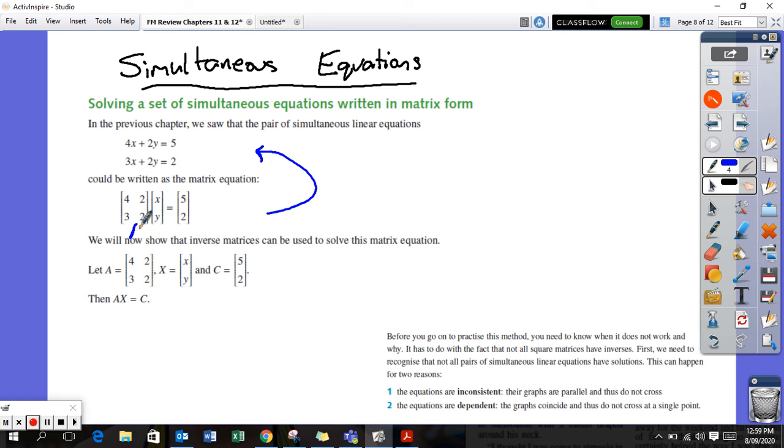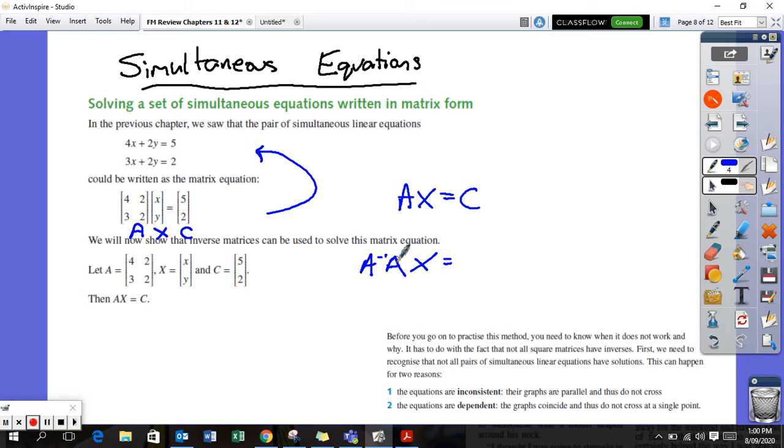So we're going to call this matrix A, this matrix X, and this matrix C. So we've got AX equals C. We want to find the X matrix on its own, so we need to get rid of the A. We go A to the minus 1 times A, and we multiply at the front, because A to the minus 1 times A is the identity matrix, which is equivalent to the number 1.